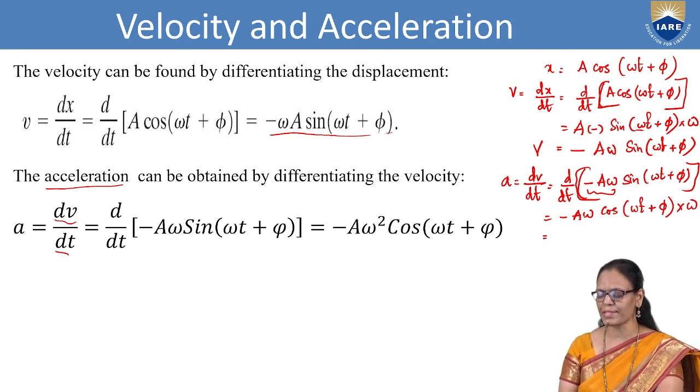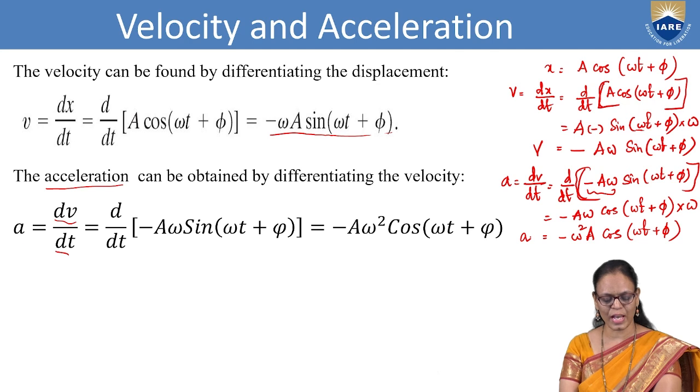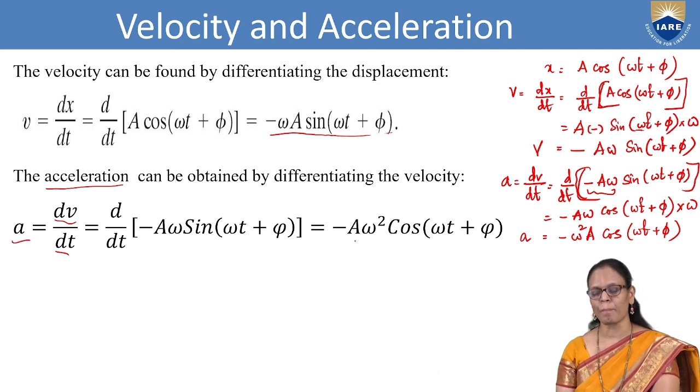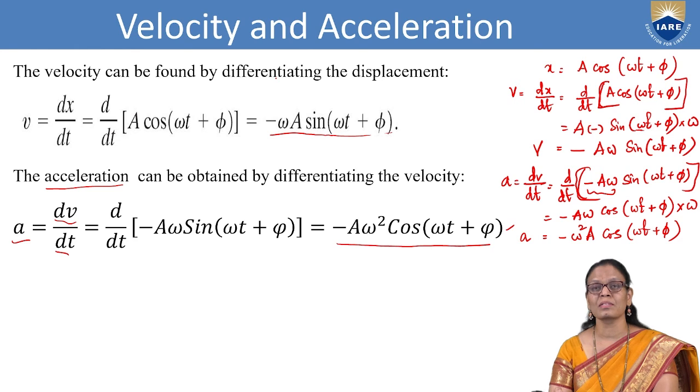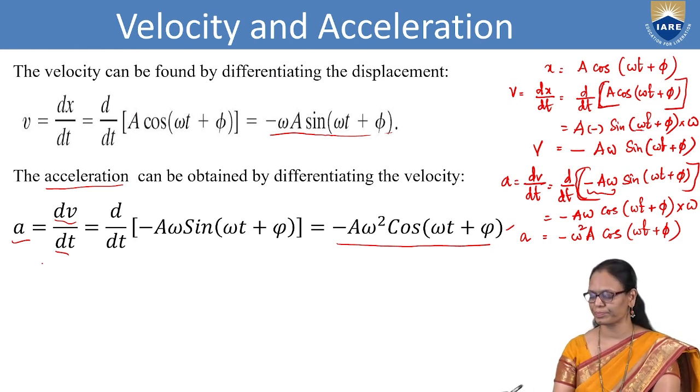So we can write minus a omega into omega will be minus omega square a cos omega t plus phi. So this will give us the acceleration. So the acceleration is given by minus a omega square cos omega t plus phi. So that is what we are going to see about the velocity and the acceleration.